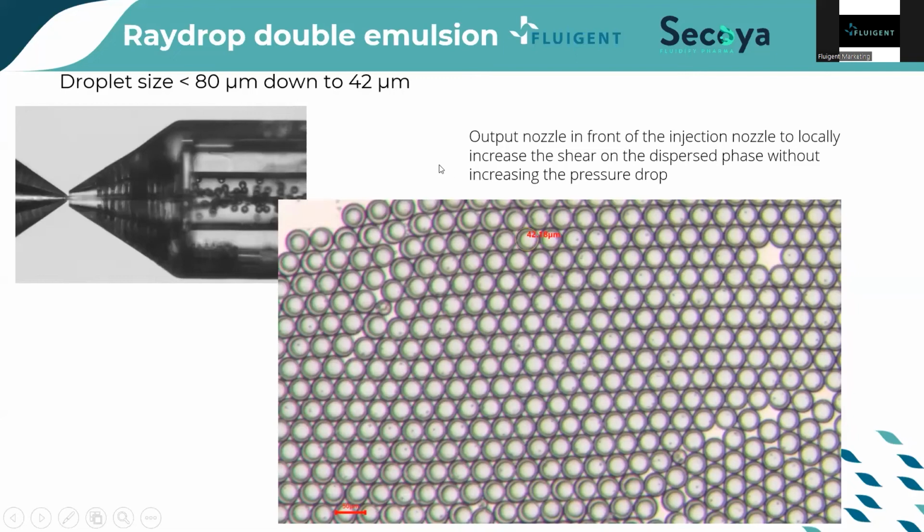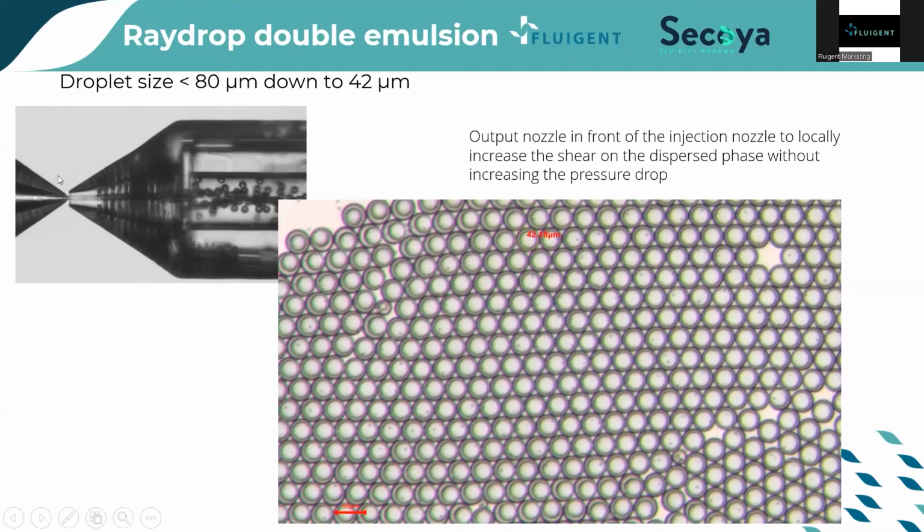The idea is a bit different. As I presented, the Rejob is based on the alignment of one nozzle and a capillary, basically. Here, the idea was to remove the extraction capillary, quite easily by just unscrewing the insert, and place another nozzle, a counter nozzle, in front of it, to increase the shear stress locally.